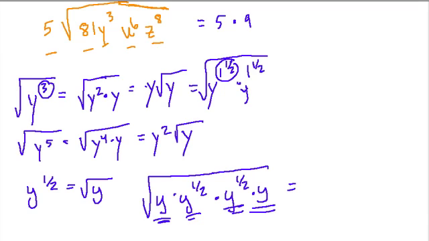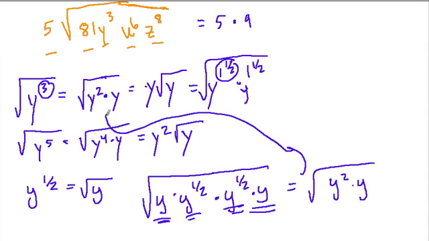These two y's together is y squared, so we have the square root of y squared, and these two together is equal to y. So that brings us right back to here. I have to go through all this and eventually get the same answer of y times the square root of y.